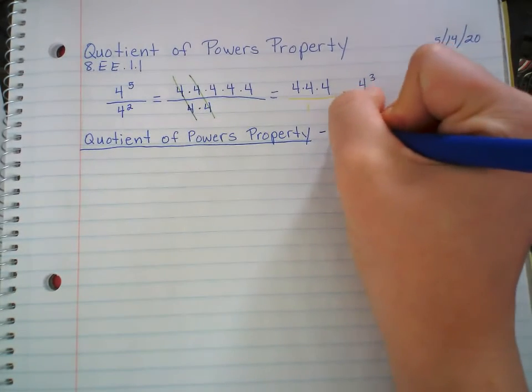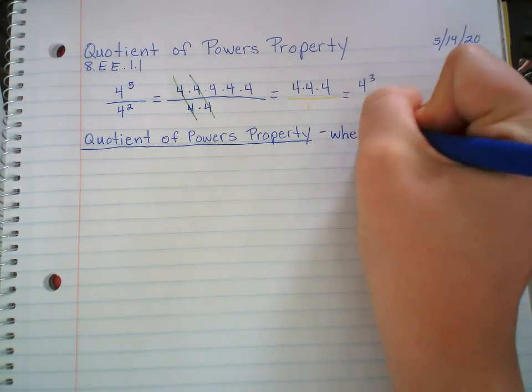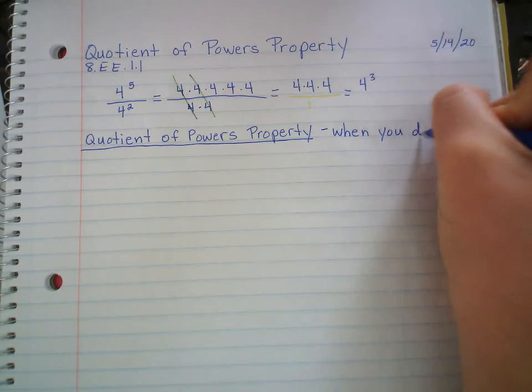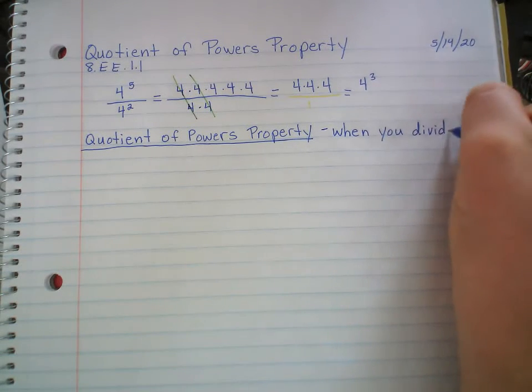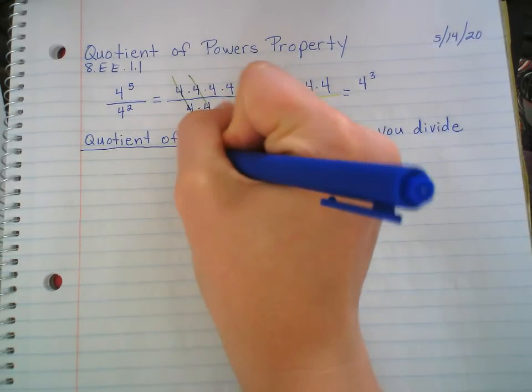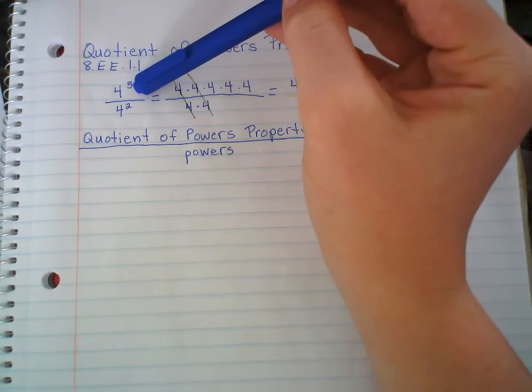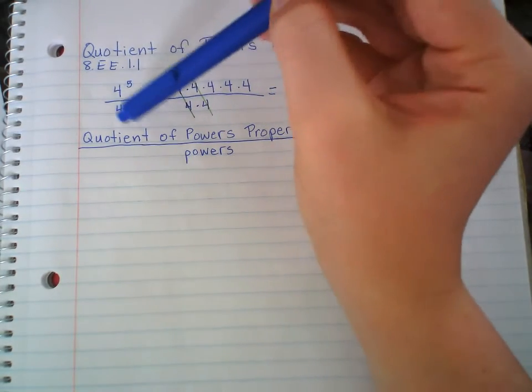When you divide powers, so we're dividing powers, 4 to the 5th is one power, we're dividing it by 4 to the 2nd.